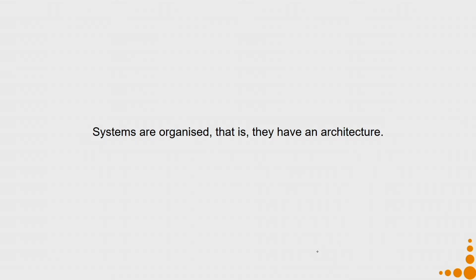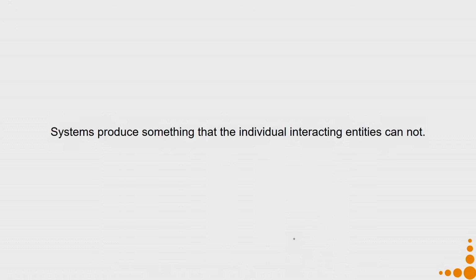So systems are organized, that is, they have an architecture, which means structure. They have a kind of structure and they are organized in that structure. Systems produce something that the individual interacting entities cannot. So a single pencil plus a paper plus a hand plus a pencil box, if they were together going to form my system, then they together produce something that is greater than the individual interacting entities.